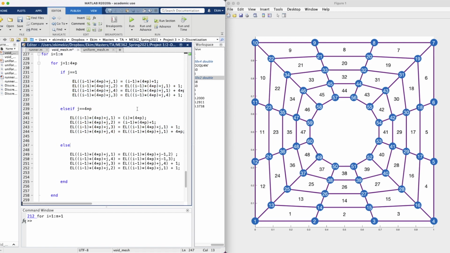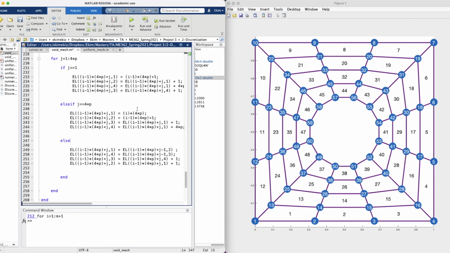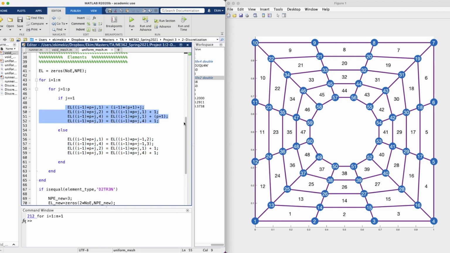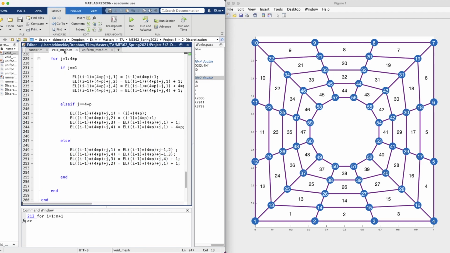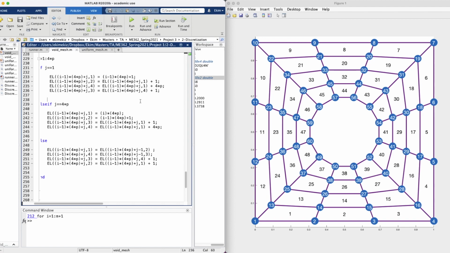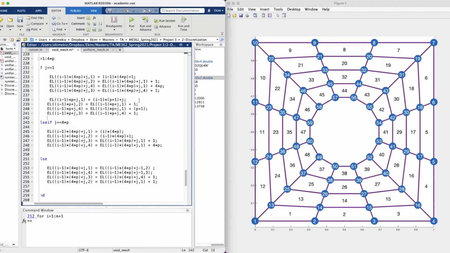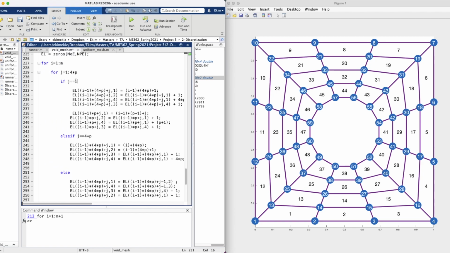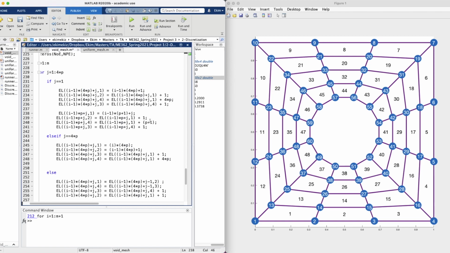And then for the first elements, if you take a look at our uniform mesh function, again, there is really not much difference. So let me paste it here. You can just see that our p became 4p. Okay. And this p plus 1 here becomes 4p. Why?